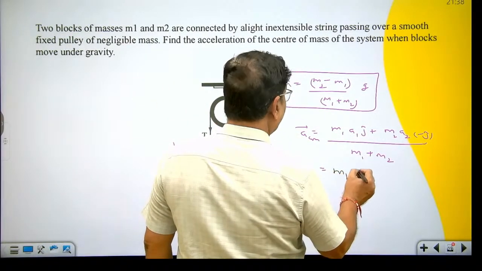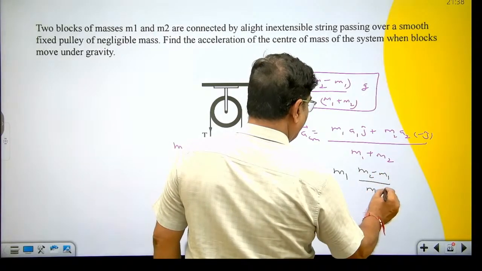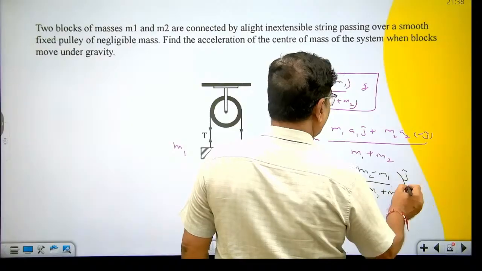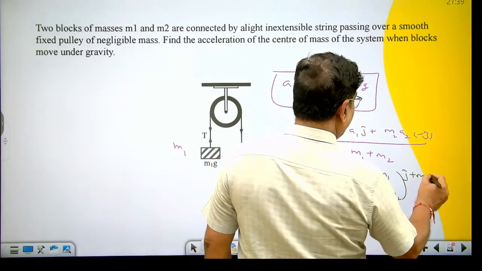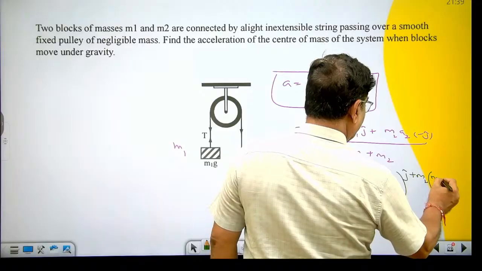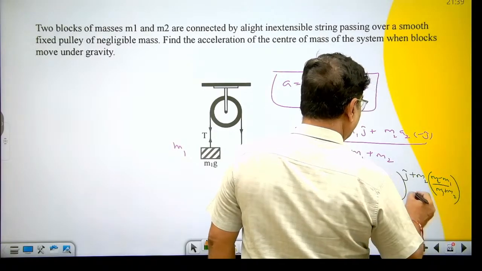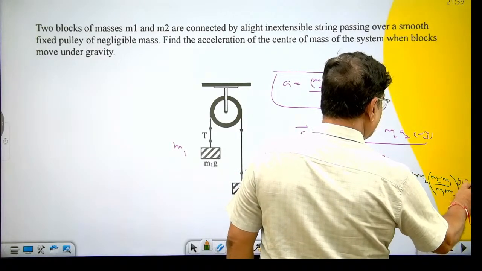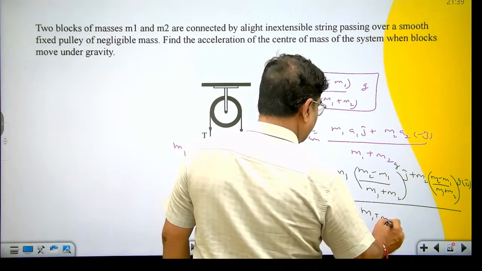M1 a1 is m1 into (m2 minus m1) upon (m1 plus m2) g in the j cap direction, plus m2 a2 with the same value, (m2 minus m1) upon (m1 plus m2) into g, in the minus j direction, divided by m1 plus m2.